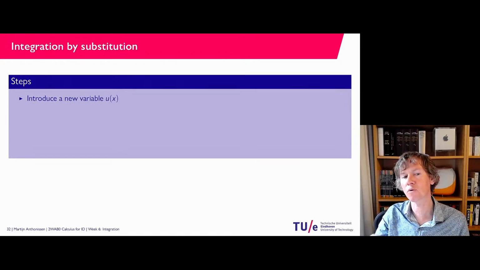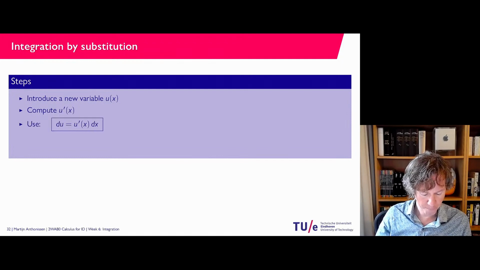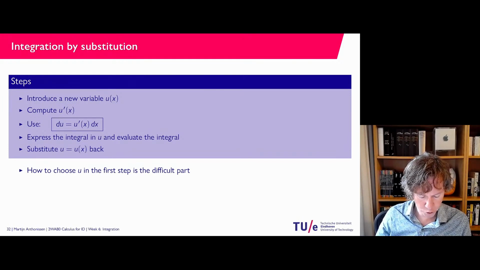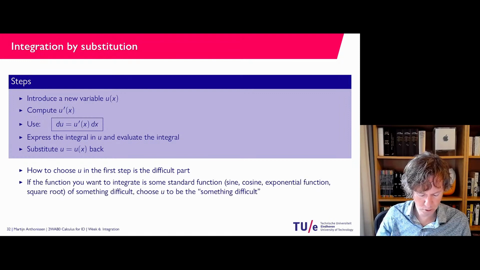So we have looked at integration by substitution. The way it works is you have to choose somehow a function u of x. Then you have to compute u prime, and you have to use du is u prime of x dx. You rewrite the integral, you express it in u, you solve it, and you substitute u back. And the way you choose it, a few guidelines. That's the difficult part. How should you choose your substitution?